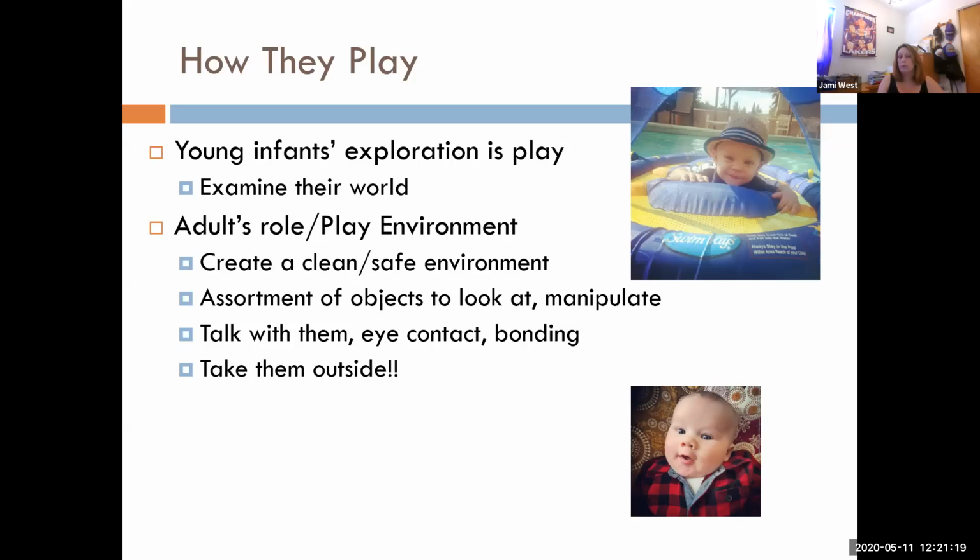Our role is to provide a clean and safe environment. Get on the floor at their level, observe it and make sure that it's safe so that they can move their body around. Provide them with objects to look at and manipulate. Please, you don't need to go anywhere and buy anything.